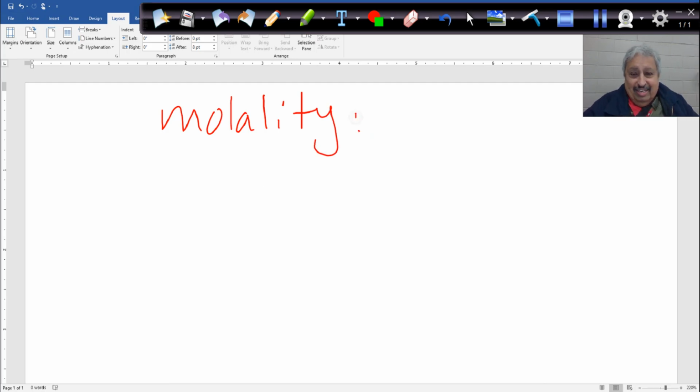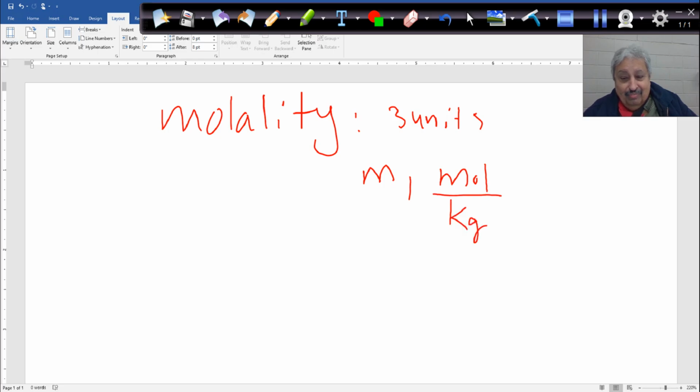And the units, again, 3 units, the same thing. Small m, like a mass, or like meter. Small m has a lot of usage, so it is used everywhere. So m, meter, m, mass, and m is molality. And then you have small m, and then the second one is mole per kilogram solvent.